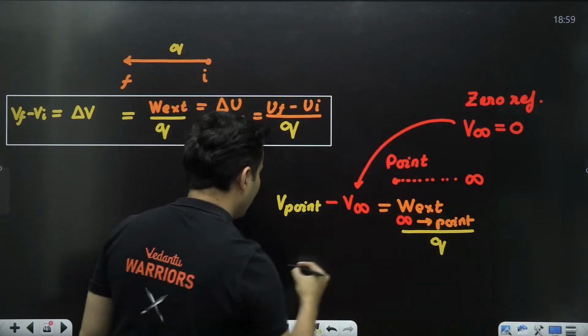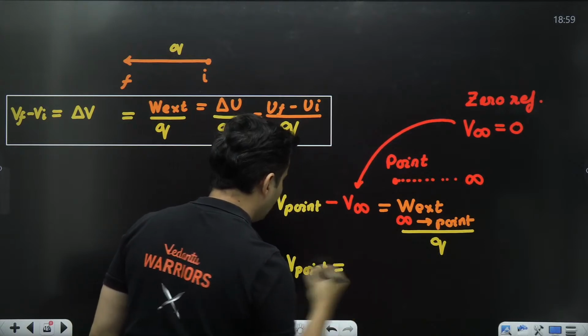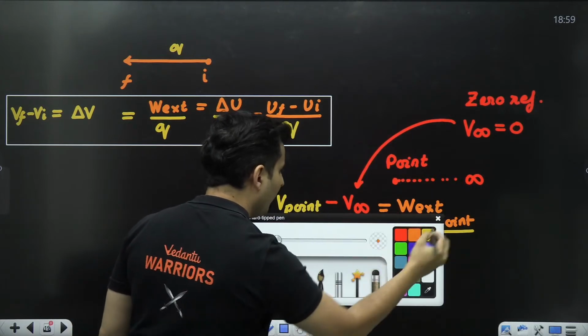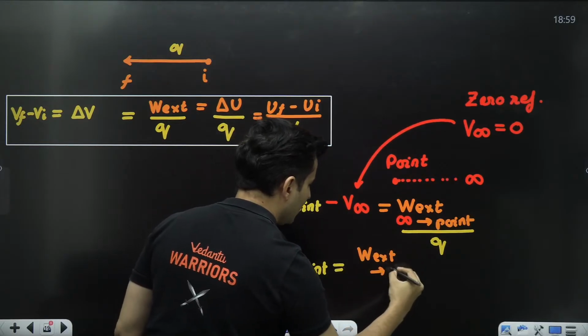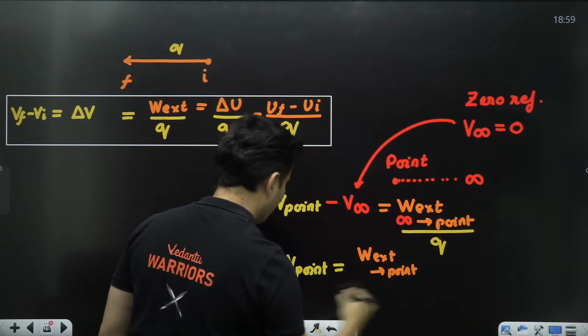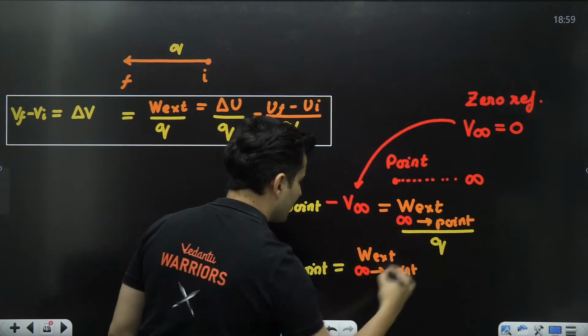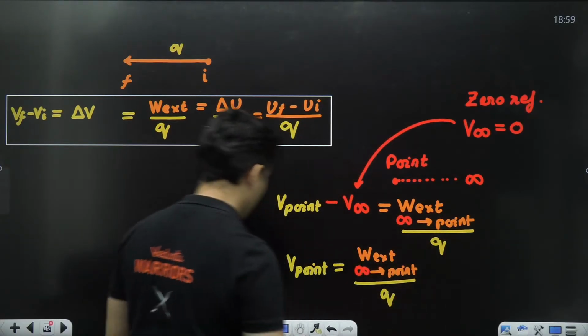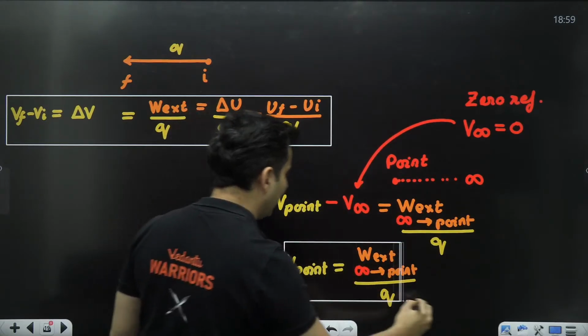So I will get that the potential at any particular point is nothing but how much work you need to do to bring that charge to that particular point from infinity. That's very important. And just divide it by the charge. That's the definition of electric potential at a point.